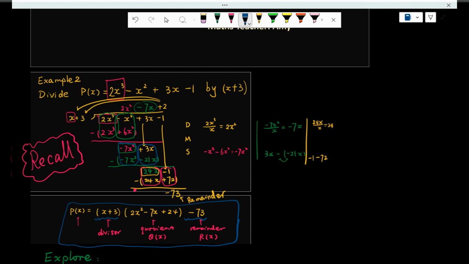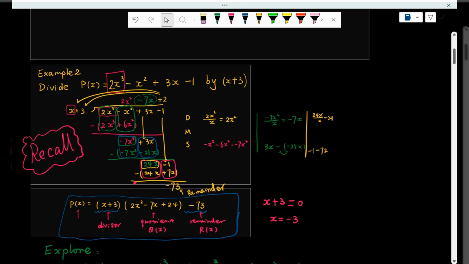First, we are going to look at the divisor, which is x plus 3. If we let this divisor be 0, we will get a value of x, which is negative 3. And then we are going to substitute this negative 3 into the expression of p of x.